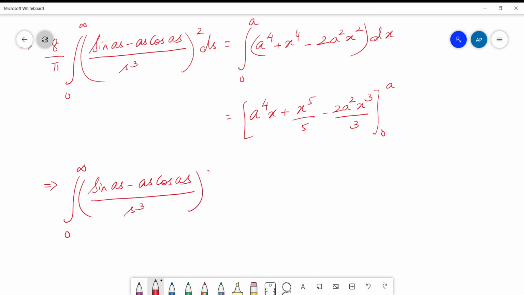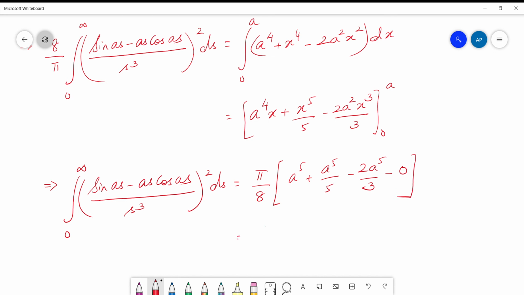I keep that as it is and I keep pi by 8 here. Now I substitute the upper limit. Lower limit is going to be 0 anyway. So it's a power 5 plus a power 5 by 5 minus 2a power 5 by 3. Lower limit is anyway going to be 0 because x is 0.